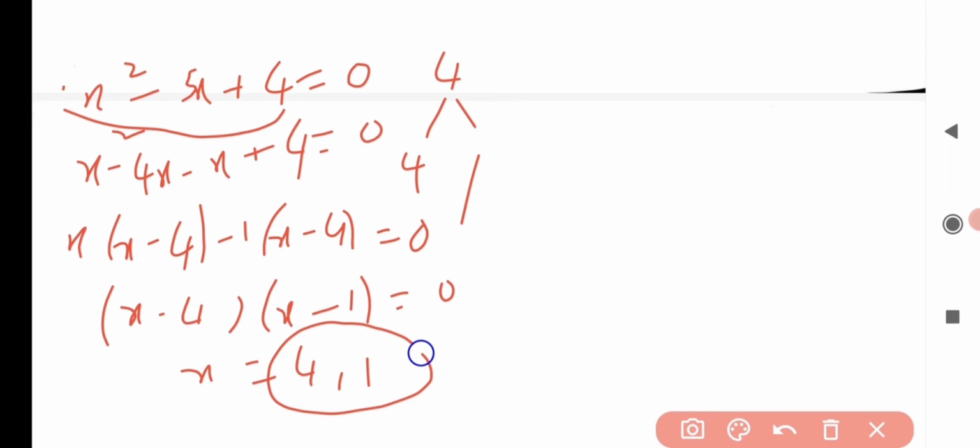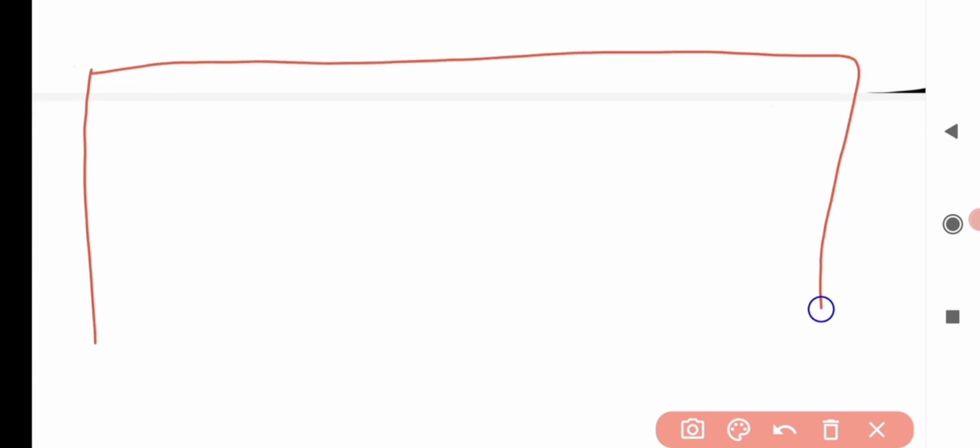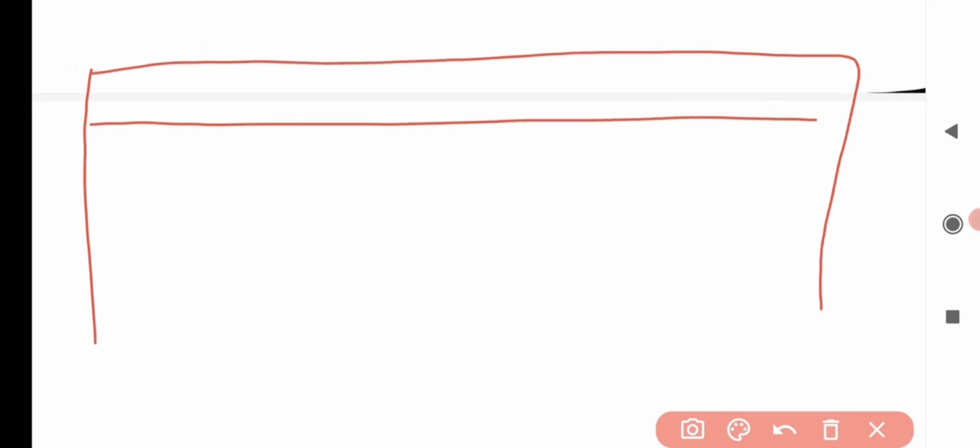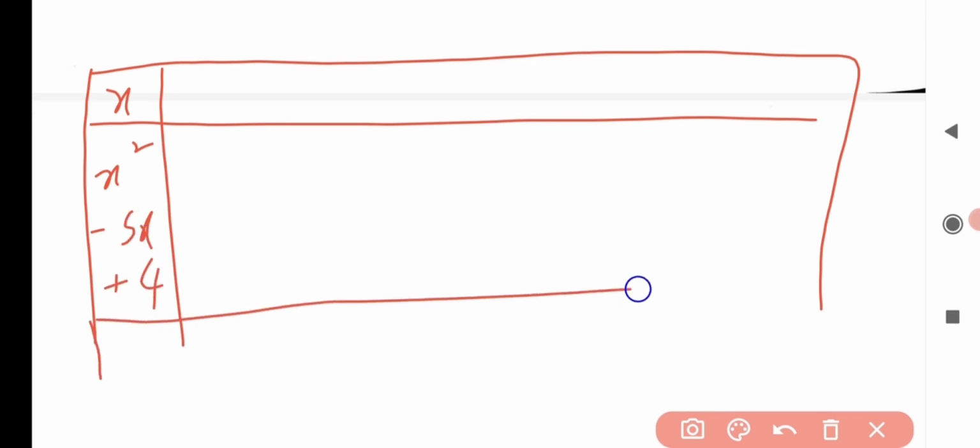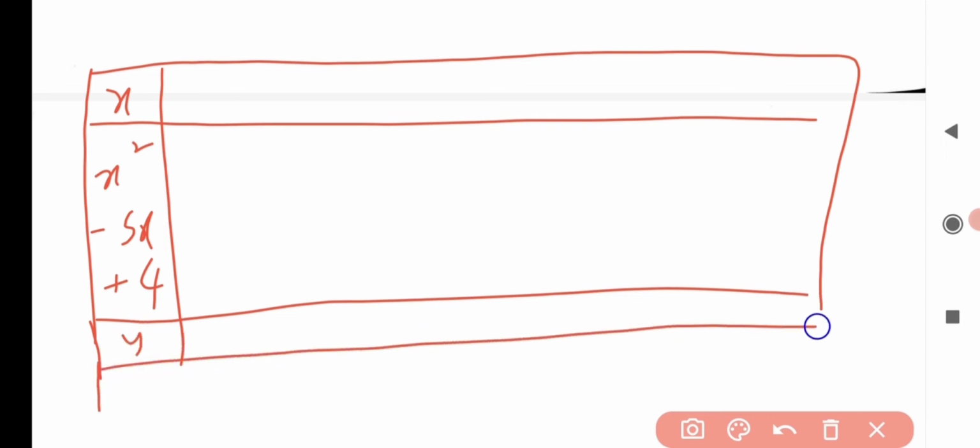So to draw the graph, first you create one box. First you consider one box. I am taking here x, next x square minus 5x plus 4. After that I want y, next after that x comma y.